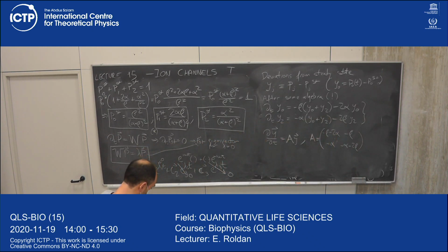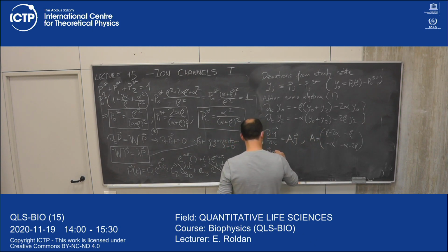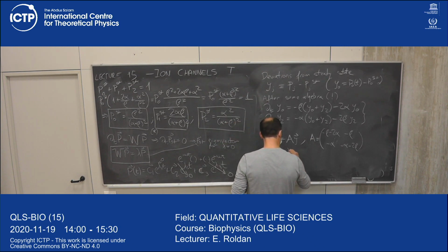Again, you can look for the eigenvalues. This is a 2 by 2 matrix. The solution is something like this: a time-dependent vector, plus another time-dependent vector.